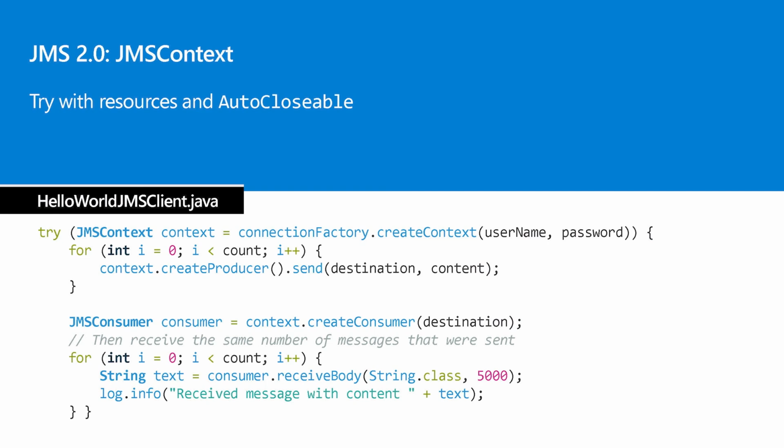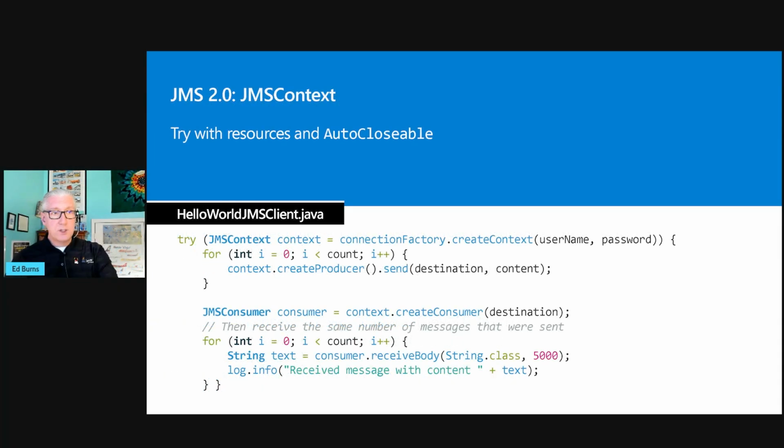You can see that there are a number of resources in the code block here, and we are able to use them inside of the try block, and then they're automatically closed, as I mentioned during the demo. The next example is the injection. Now, I didn't show injection of JMSContext in the sample, but you can see it in the slides here.